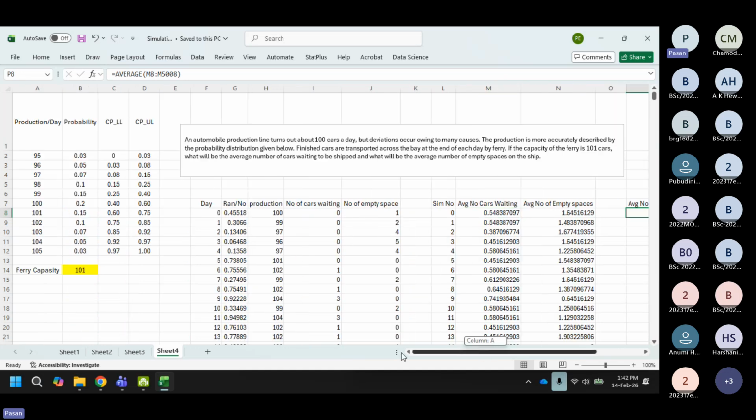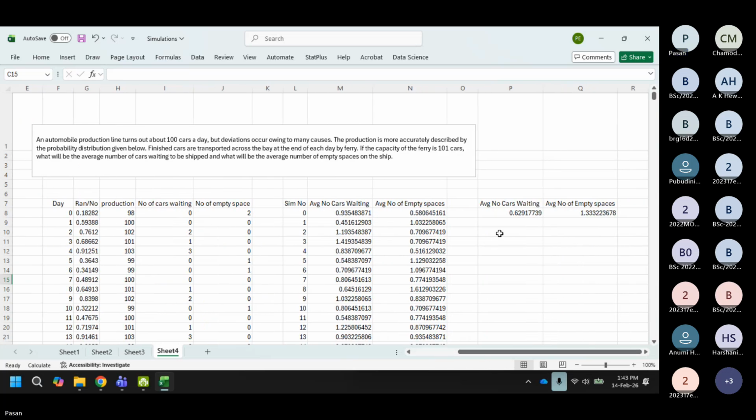Now if I change this to 100 here, you can notice that this increases to 0.6 and this goes to 1.3. So a slight change is there. You can try some different things there and see any particular differences. That's how we can work on the concept of the simulations.